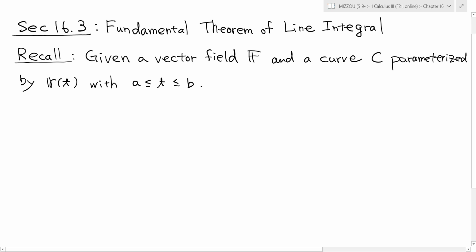You may assume that either F is on R3 or R2, and accordingly you may assume r(t) is in the xy plane or xyz space.